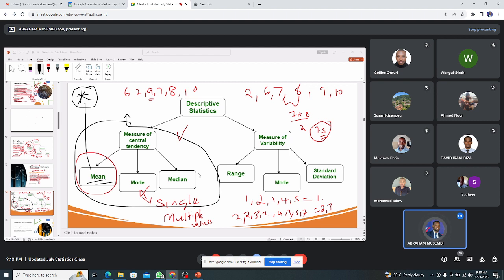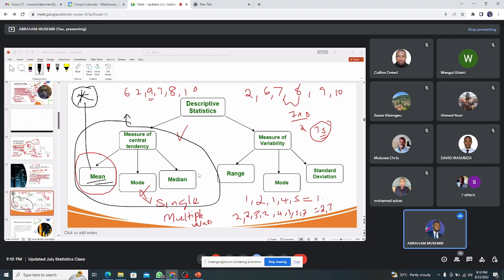Or maybe you might find most of us have weights ranging between 50 and 70, but we have one person whose weight is 20 kilograms. That small weight will shift the center of our weight to almost 40 or 30.